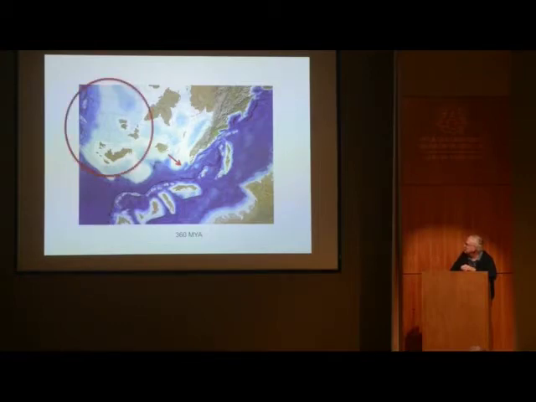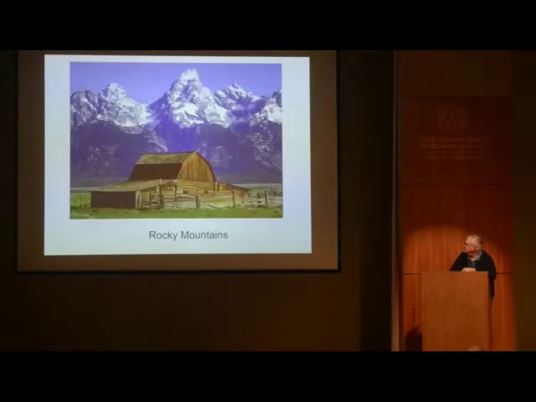This was all underwater. But as you move forward in time, again, due to the continental motion, the plate motions, you eventually get the Rocky Mountains being formed out here.